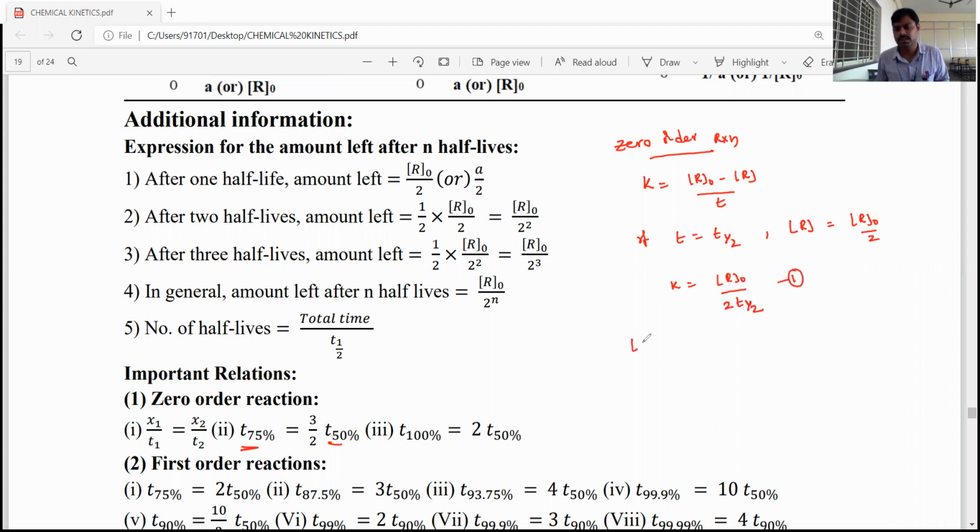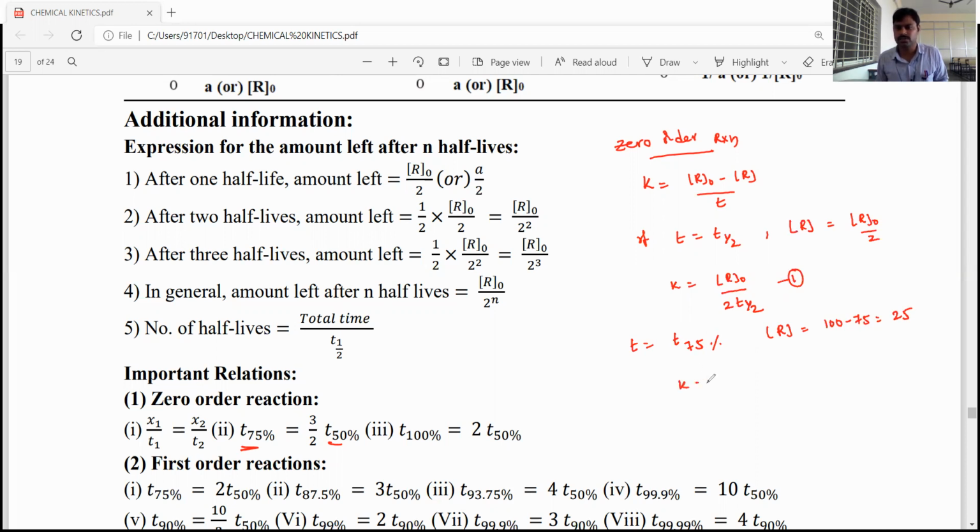And if time T is equal to T 75%, when 75% of the reaction is completed, then the final concentration of reactant is 100 minus 75, which is 25, dear students.